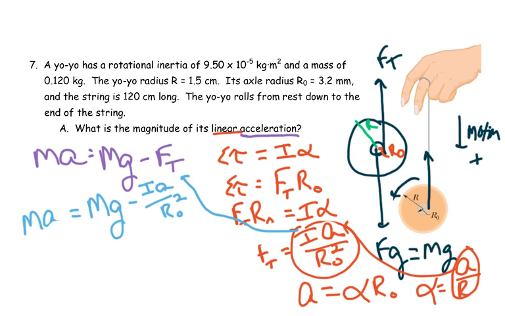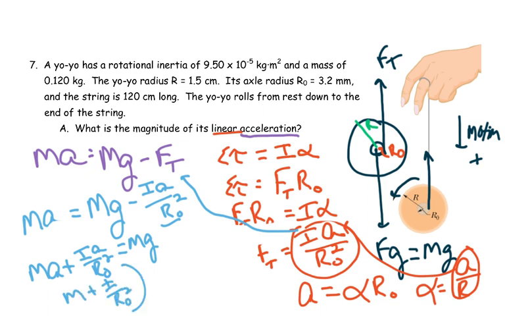Then it becomes an algebra problem. Combining like terms by adding this term to both sides, it equals the gravitational force. You can factor out the linear acceleration from the left side, and then divide both sides by that expression.